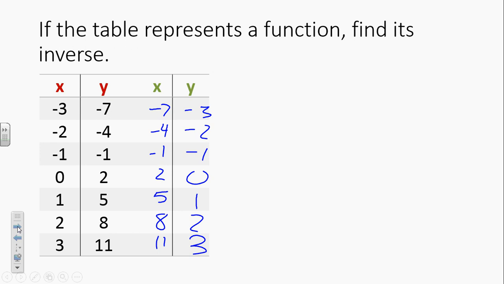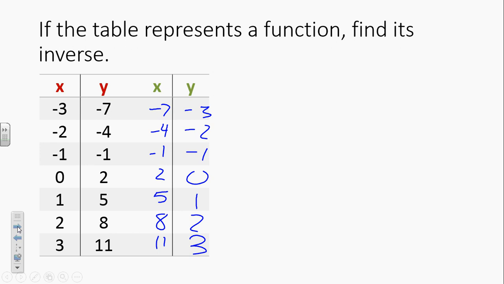All right, what did Tyler do? Flipped it, okay? He took the x's and put them in the y's column. He put the y's in the x's column, okay? So you can do the same thing in the one on the right, can't you? The one that's your homework problem, okay?